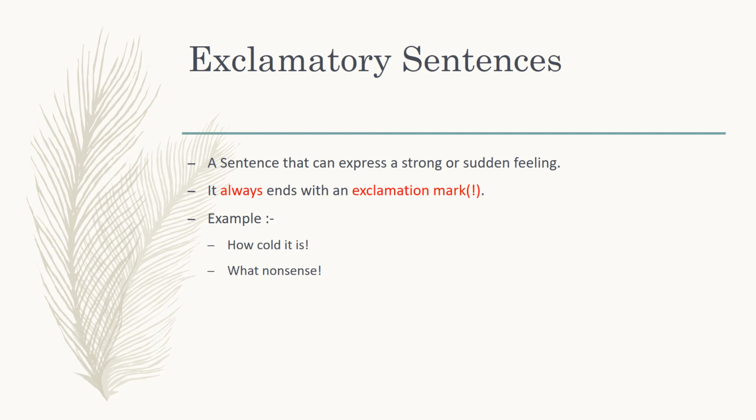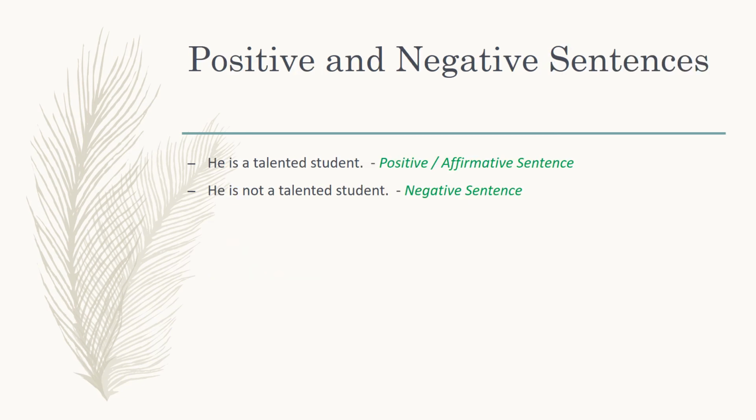And now we'll move on to the example. Okay, how cold it is, or what nonsense. So these two sentences convey what is known as the exclamatory sentence. We are expressing a sudden feeling.